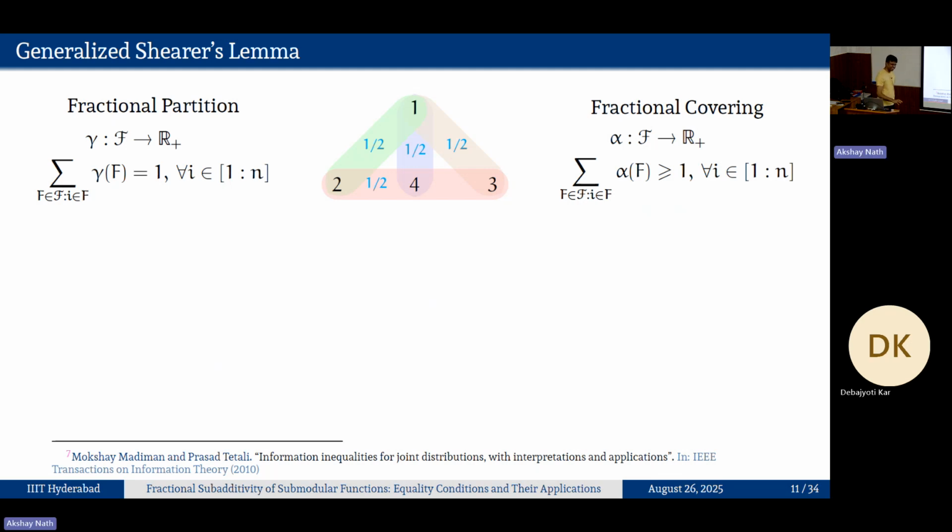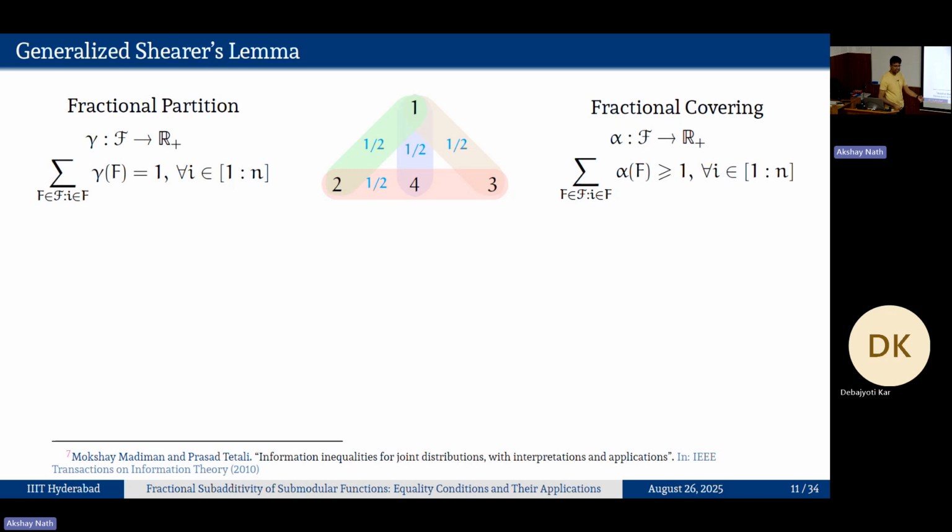These have been studied in multiple literatures, and they have not been looked at in a single lens. One place which unifies a lot of this literature is the work of Madiman and Tetali. For example, this fractional subadditivity appeared in Feige's work on XOS valuation functions.